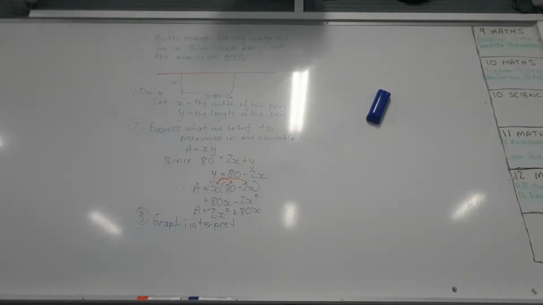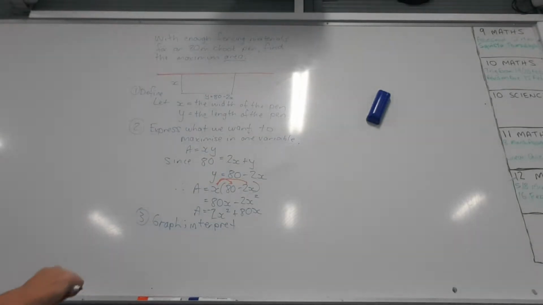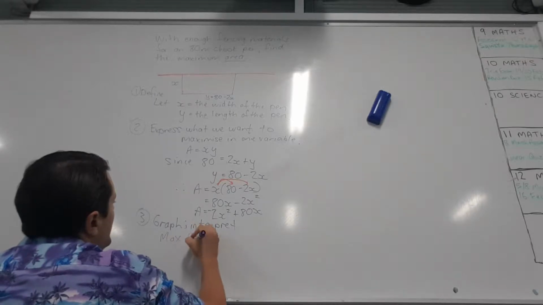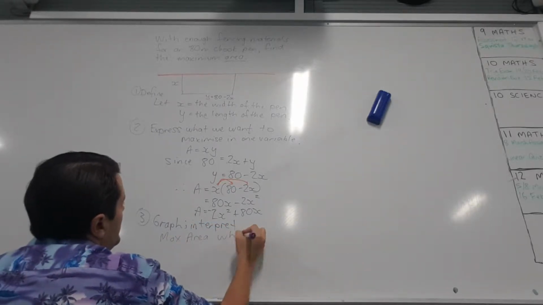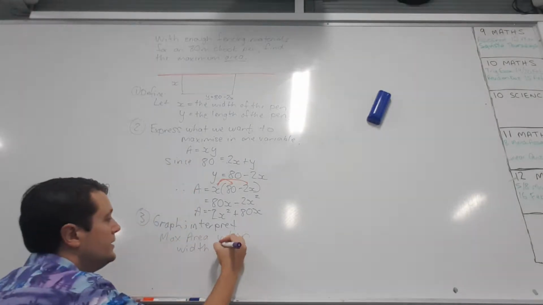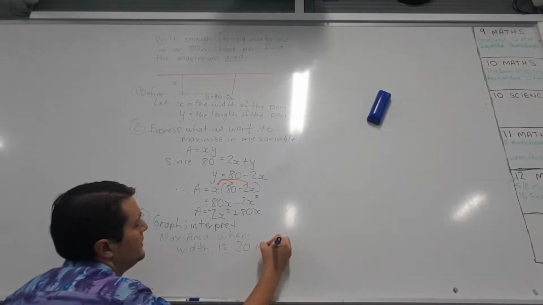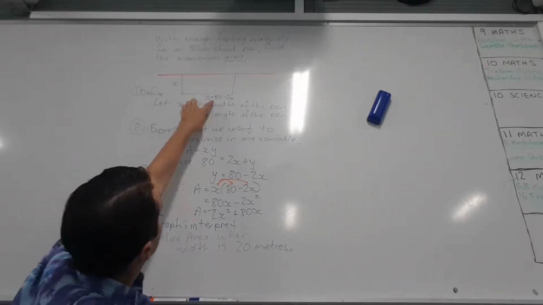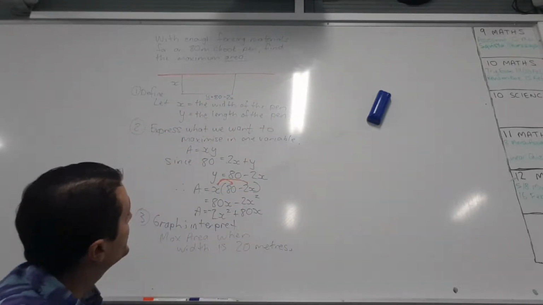I'm just going to write that up at the end. So the maximum area, when width is 20 meters, which means the length has to be 80 take away 2 times x.